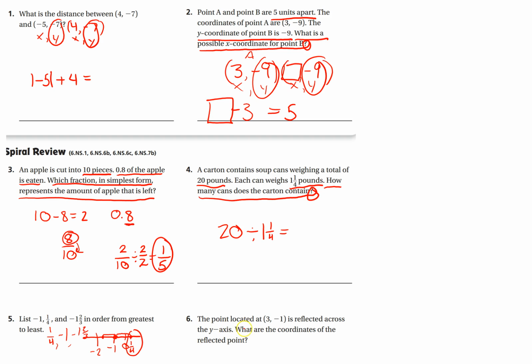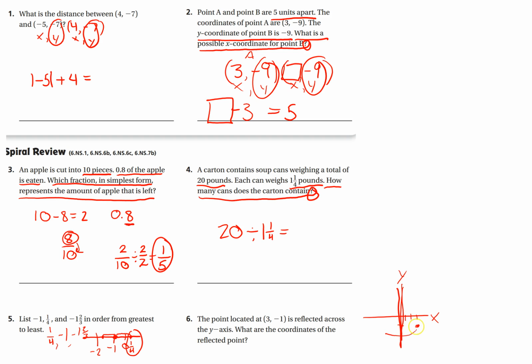All right, number 6, the point located at 3, negative 1 is reflected across the y-axis. What are the coordinates of the reflected point? Okay, so we have a y axis and an x axis, and 1, 2, 3, negative 1. It's about here. It's reflected across this axis, so that means it's going to get dropped over here.